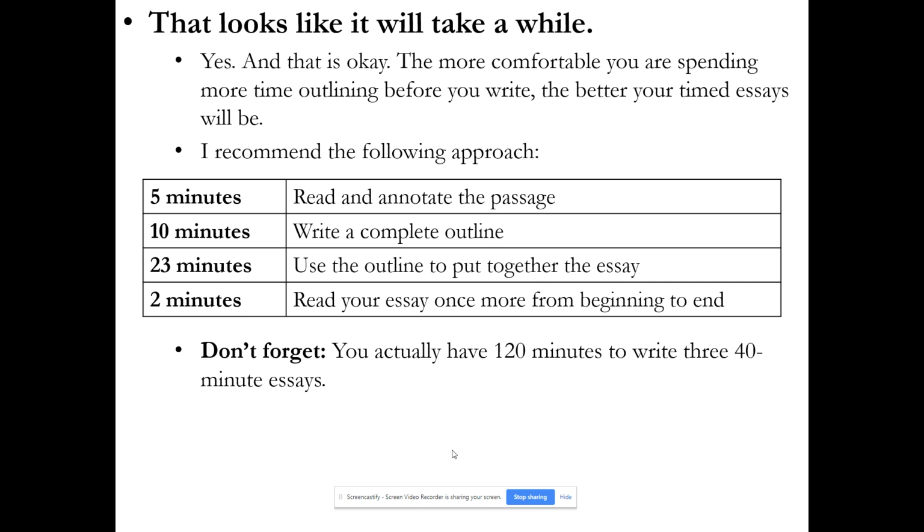Or actually, I should say it's 135 minutes if you count the 15 minutes you get to read the synthesis sources. So you can use that time however you want, because rhetorical analysis is seen by many students as the most challenging of the essays.